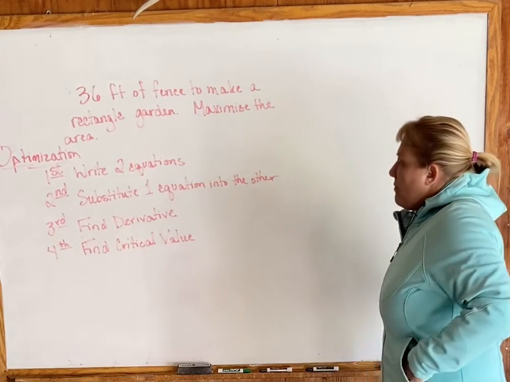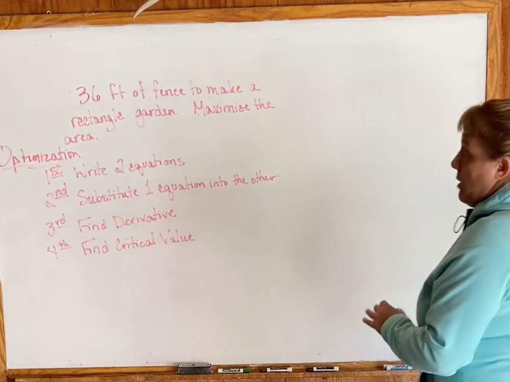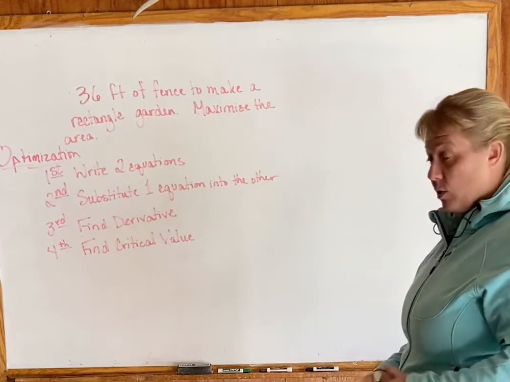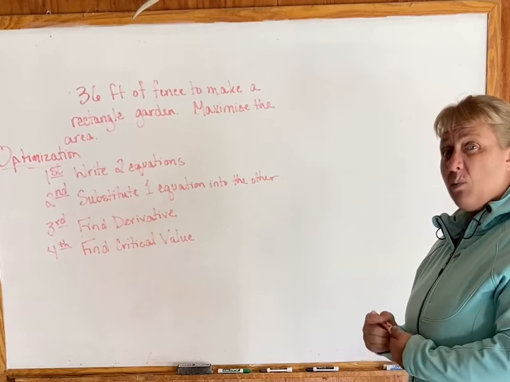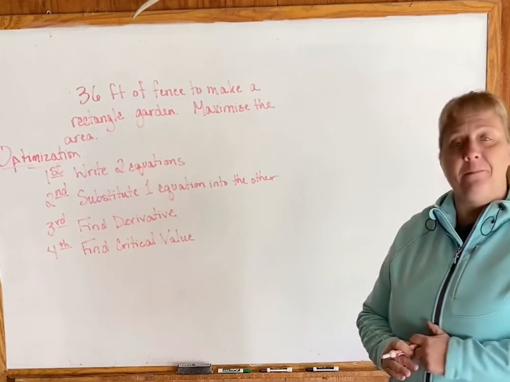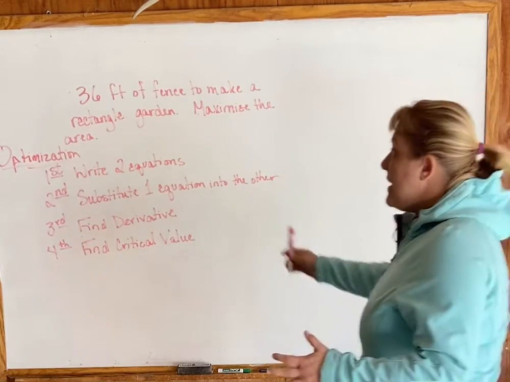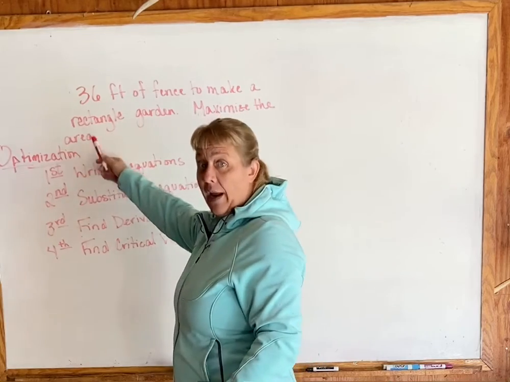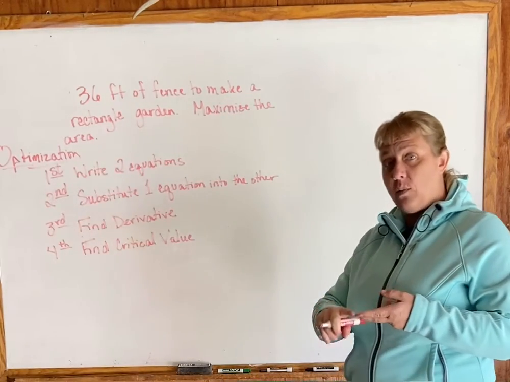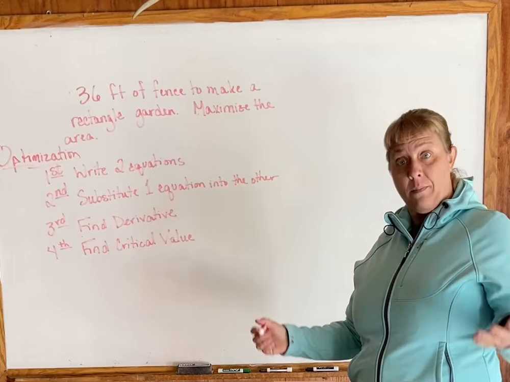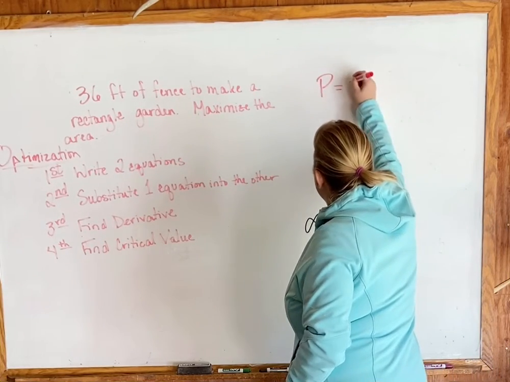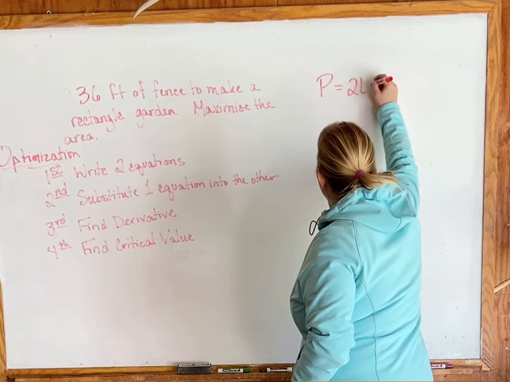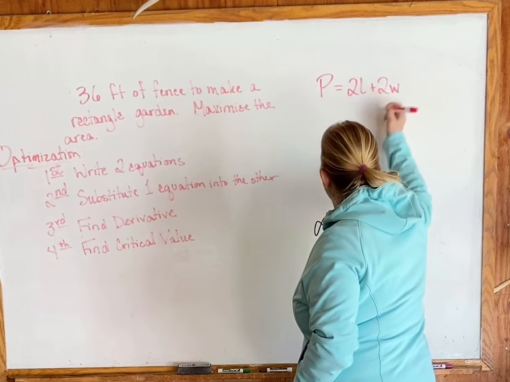Okay, so when we look at this problem, we're talking about a shape. We're talking about a rectangle, and you're going to fence it in, which means that we are talking about perimeter, aren't we? The other thing it's asking us about is area. So our two equations are going to be perimeter and area. Remember, we're looking at a rectangle here, so perimeter would be 2L plus 2W.